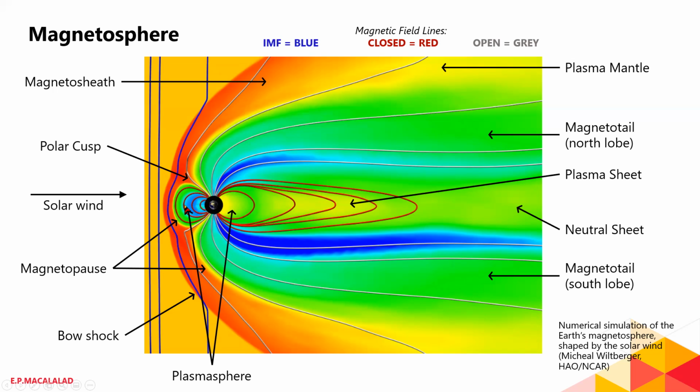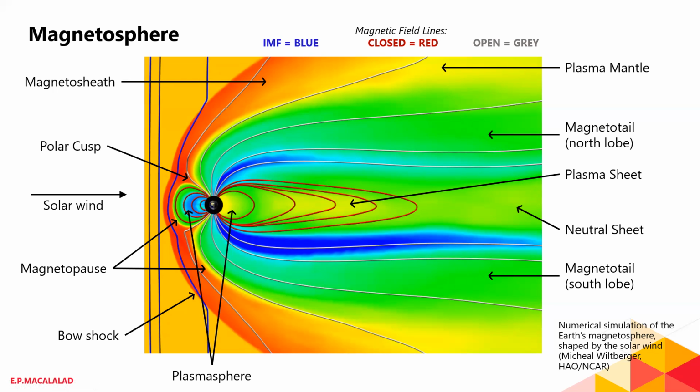So the difference between the plasmasphere and the Van Allen radiation belts is that the plasma contained in the plasmasphere is donut shaped, and it is cold plasma. On the other hand, for the Van Allen radiation belts, the plasma there is energetic, so that's hot plasma. Okay, but some of their regions intersect with each other.